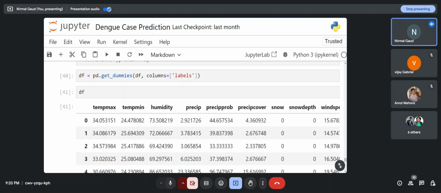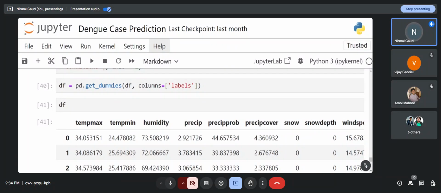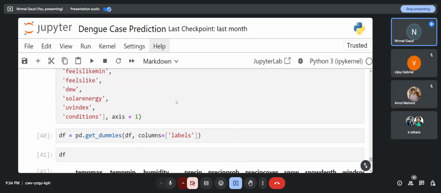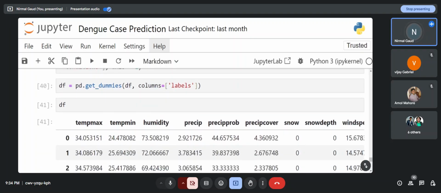So we have dropped those features also, and only the labels column was present with me, that is categorical in nature, having only one category, normal. So still I am keeping it under consideration. It may happen that if we are dealing with any other data, labels may be present, so just keep it, don't drop.